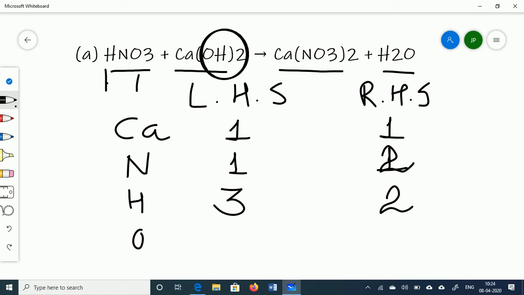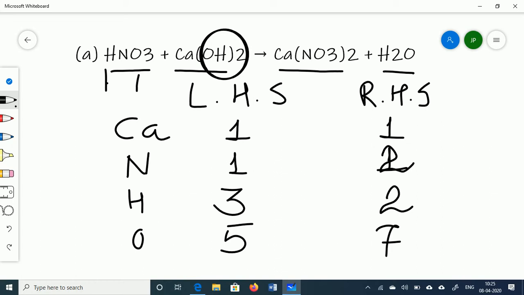So here it is 5, while on the right hand side the oxygens are 6 plus 1, that is 7. So a total of 7 oxygen is there. Now as we discussed in our balancing rules, we should start balancing the atom having the maximum number in LHS or RHS.